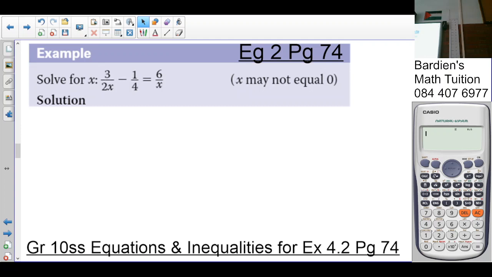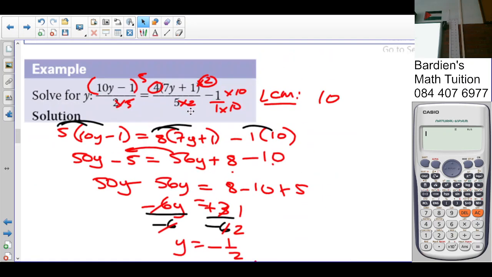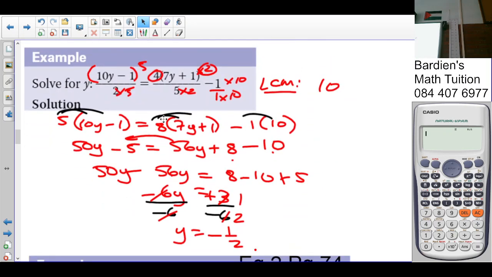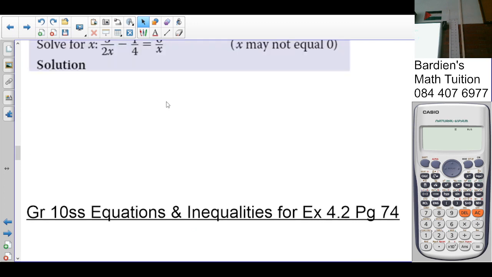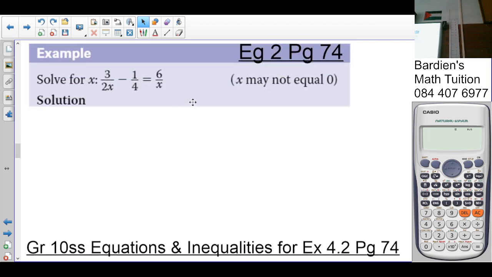The variable can't be 0, your denominator can't be 0. Why do you think they didn't tell us about the other denominators? Because 2 will never be equal to 0 and 5 will never be equal to 0. However, here we have a variable x in your denominator, that's why it can't be equal to 0.